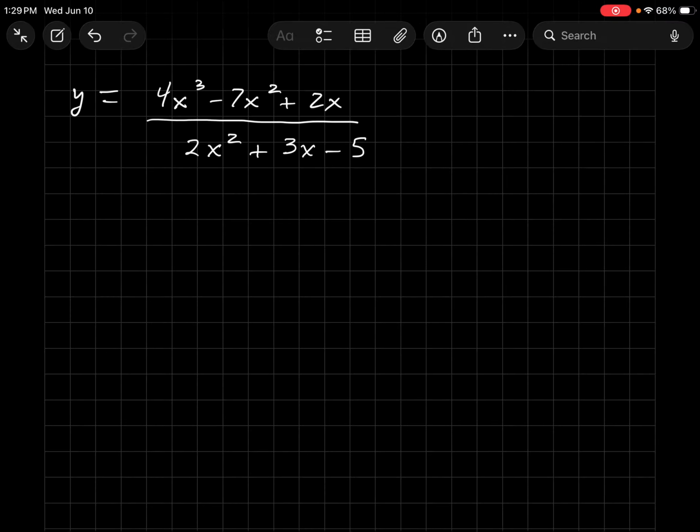How do we handle this problem? Well, we do it the exact same way. Let's take our highest powers, top and bottom. And I'm going to do it the original way, where I take the actual highest powers along with their coefficients, giving us 4x cubed over 2x squared, because at infinity, the only thing that matters are the highest powers.